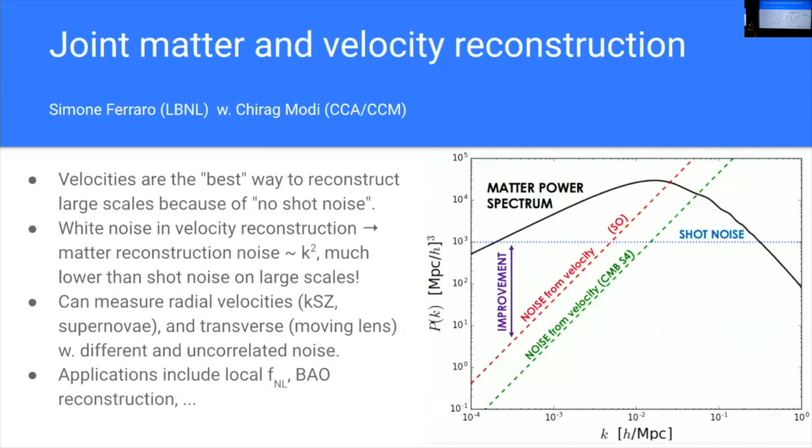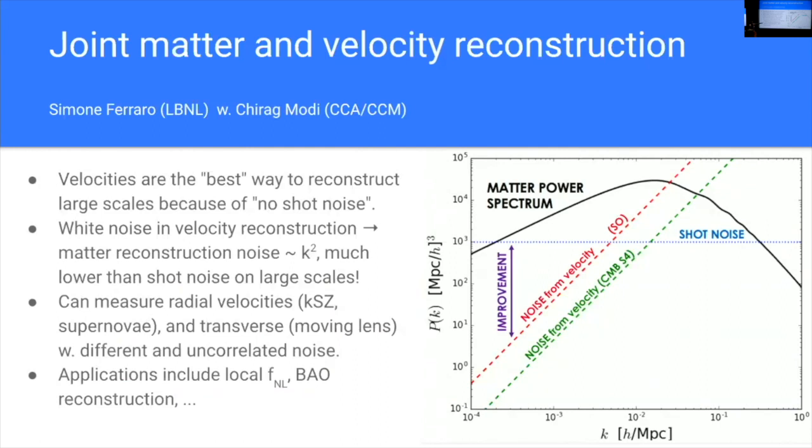Okay, and so how do you measure velocities? Well, we have methods to measure velocities. You can measure the radial velocities with the kinematic Sunyaev-Zel'dovich effect. That uses the CMB, which gets upscattered when CMB photons scatter off a galaxy that is moving towards you, for example. You can also use supernovae.